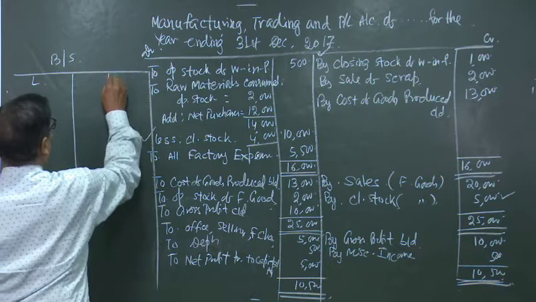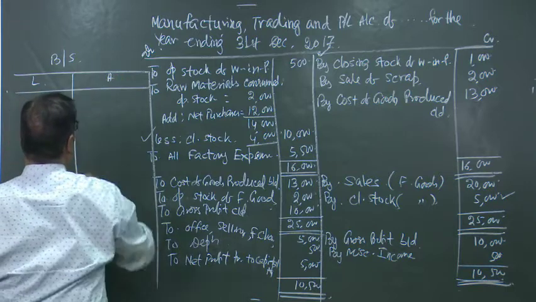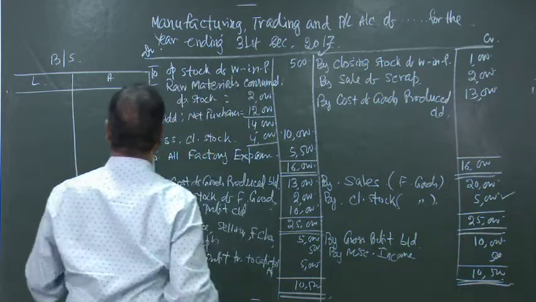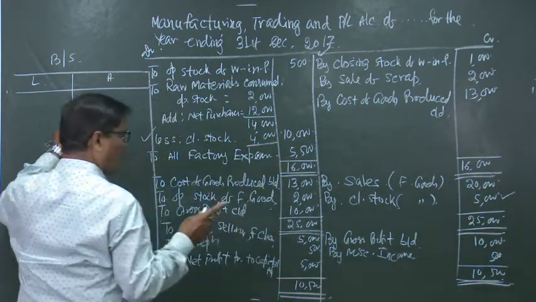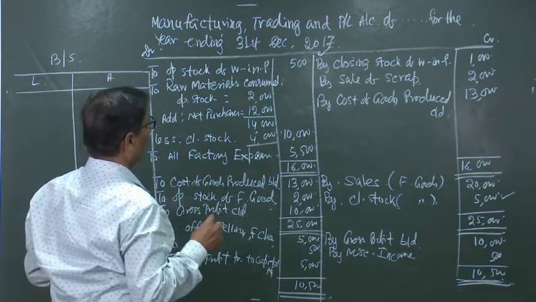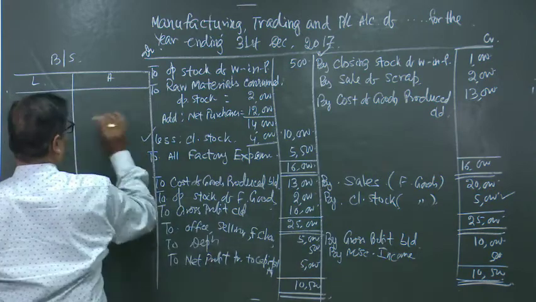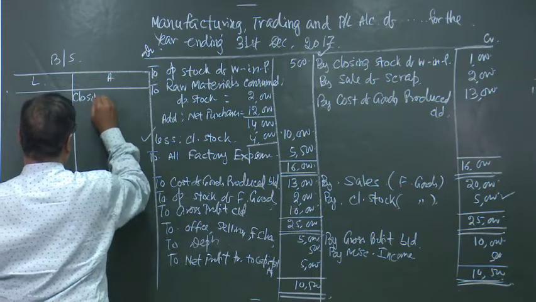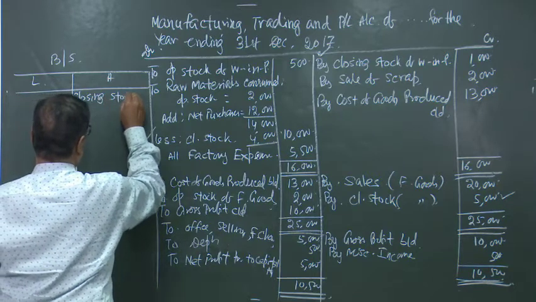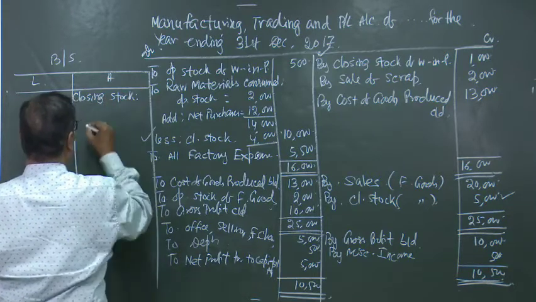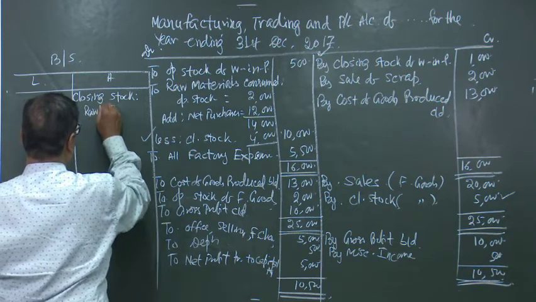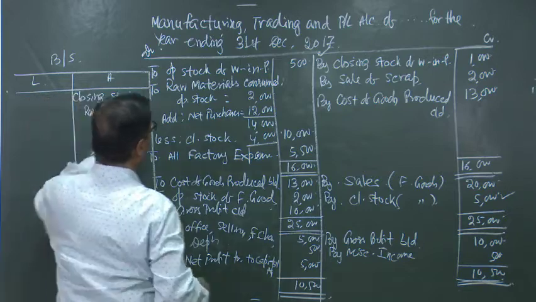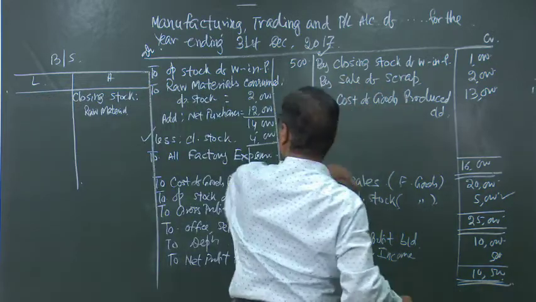Liability side, asset side. In the asset side, you will have three things as your work in progress, sorry, as your closing stock. Here you can write closing stock of raw materials, closing stock of raw materials is 1000, that you can write.